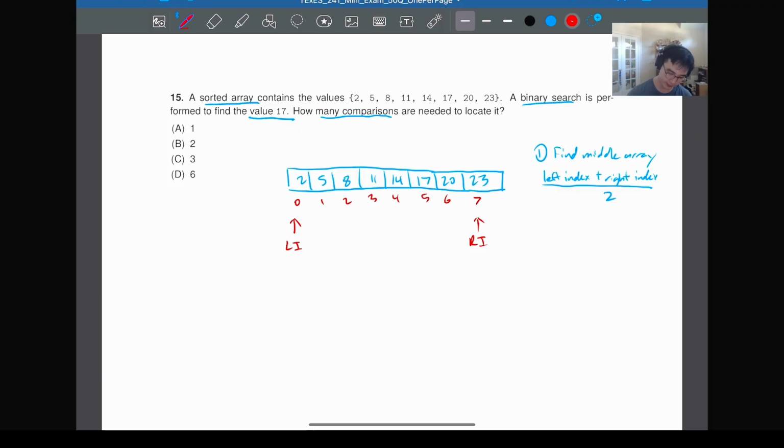So that would be 0 plus 7 divided by 2, which is 3, right? It is 3. Now, wait, you might be asking, Mr. Wong, isn't it 3.5?